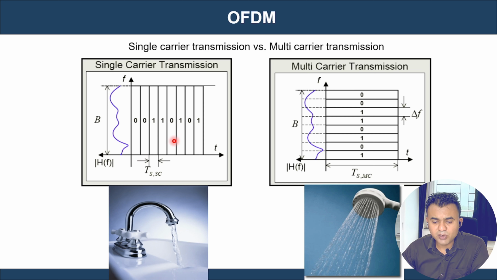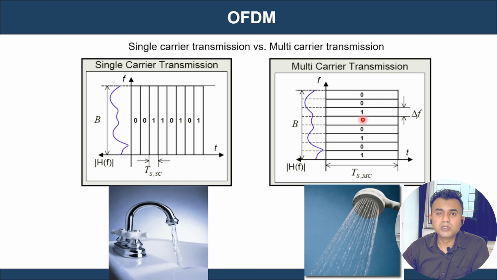Definitely you can have time slots for each symbol. However, in OFDM, we generate orthogonal carriers which are separate in frequency, F1, F2, F3, F4, F5, and so on. And we pick up several bit symbols.